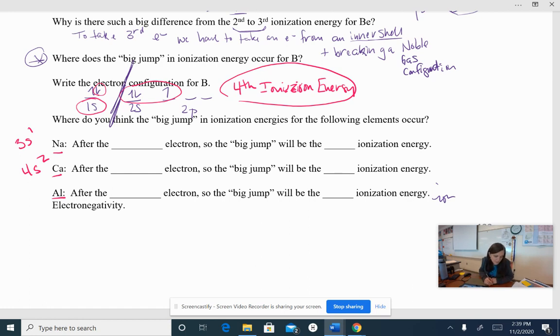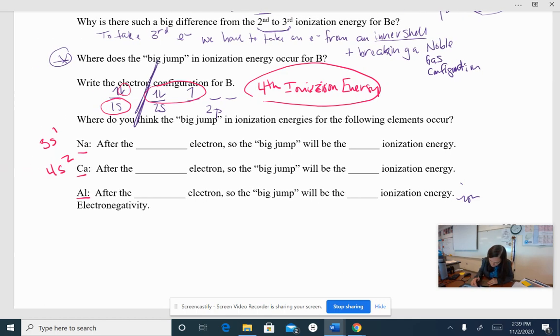And aluminum, after the noble gas, we have a 3s2, 3p1 configuration. So I want you to think about this. After which electron, first, second, third, fourth, will the big jump be in the ionization energy?